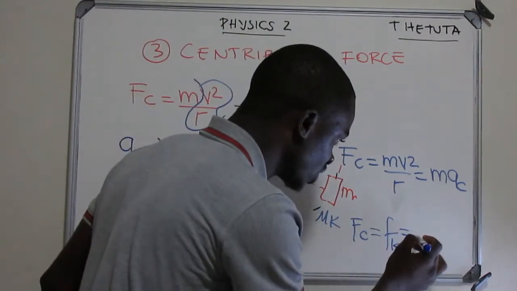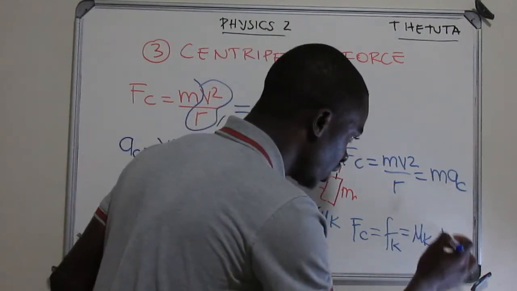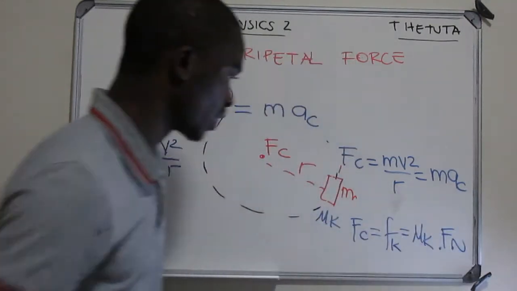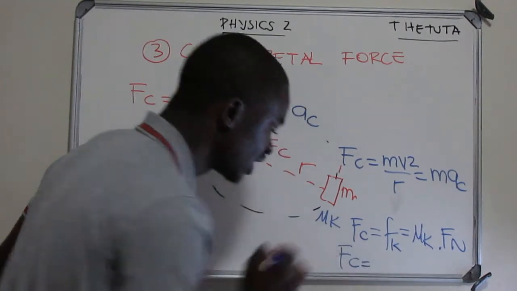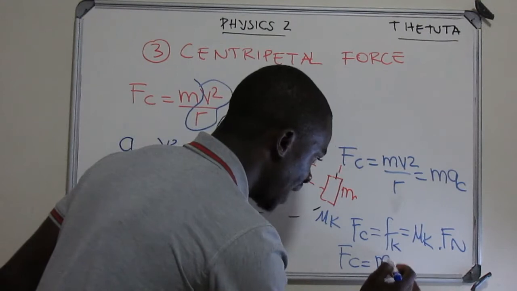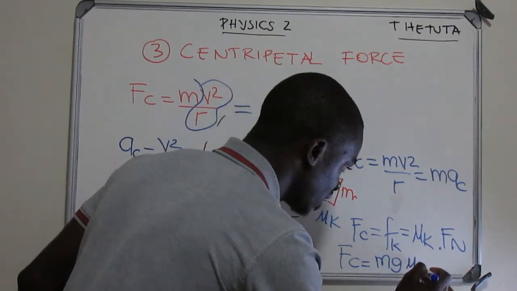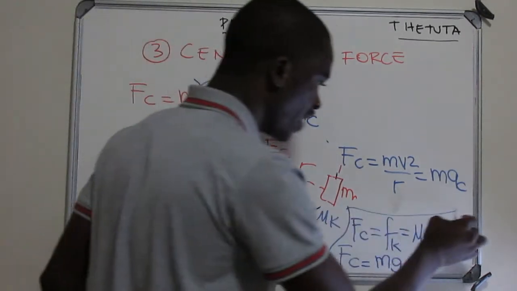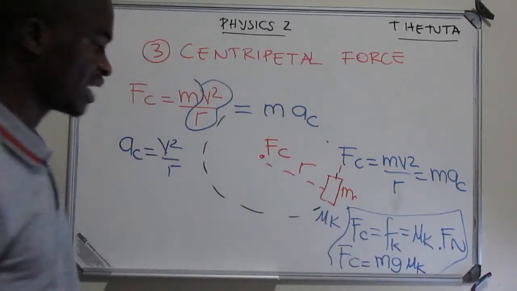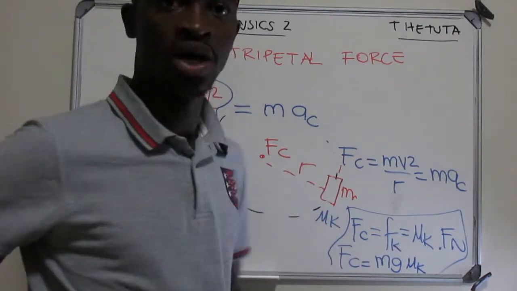The kinetic friction force will be given by the coefficient of kinetic friction times the normal force. And remember, our normal force is given by what? Therefore, our centripetal force is going to be the coefficient of kinetic friction times mass times the acceleration of gravity. This is the case when they state that in our problem we have friction, and therefore our centripetal force will be given by that equation on this object.